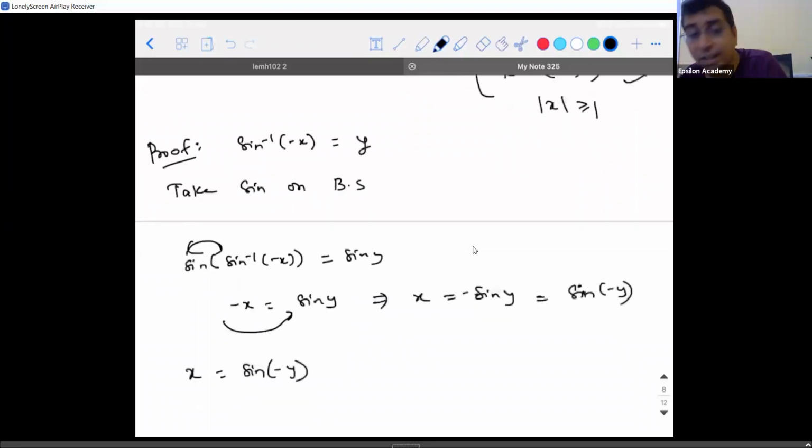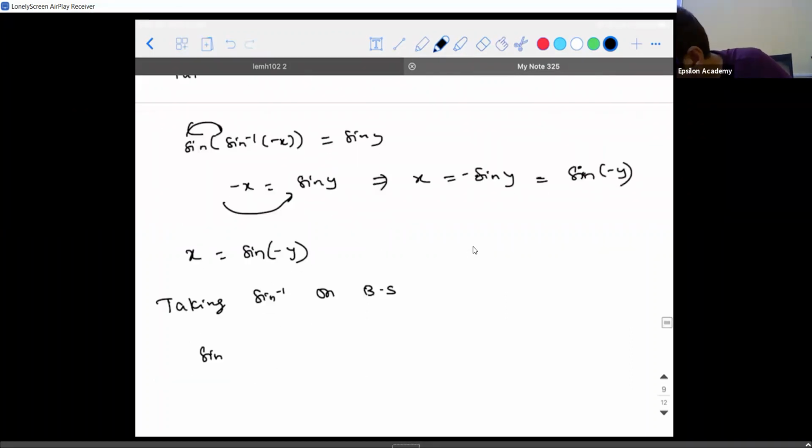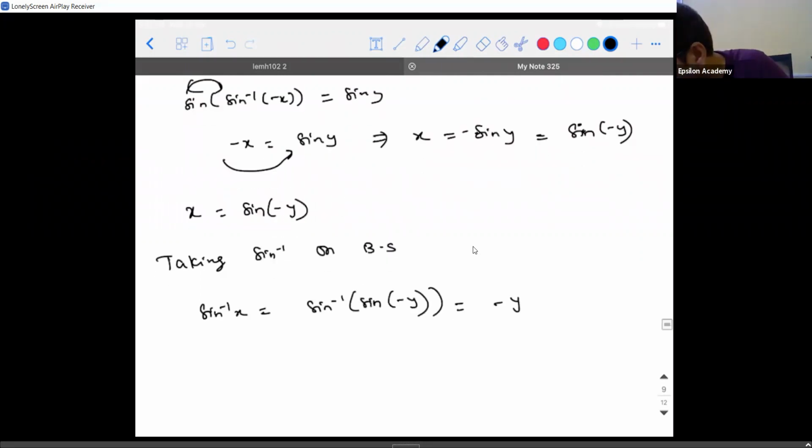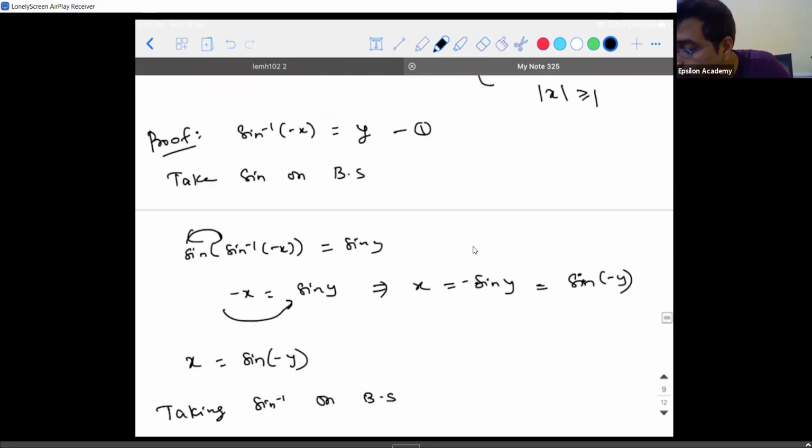Now what I need is the value of y. Taking sine inverse on both sides, what do I get? Sine inverse of x is equal to sine inverse of sine of minus y. So the right hand side will be minus y, but I need y. So y is equal to minus sine inverse of x. Let this be 2. The first equation is telling me that y is sine inverse of minus x.